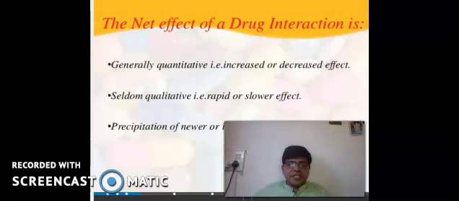That's why we check drug interactions. Seldom is it qualitative, that is, a rapid or slower effect. Some drugs give a rapid effect and sometimes the effect is slower. Then there is the precipitation of new or increased adverse effects. In these ways we observe the effects of drug interaction.